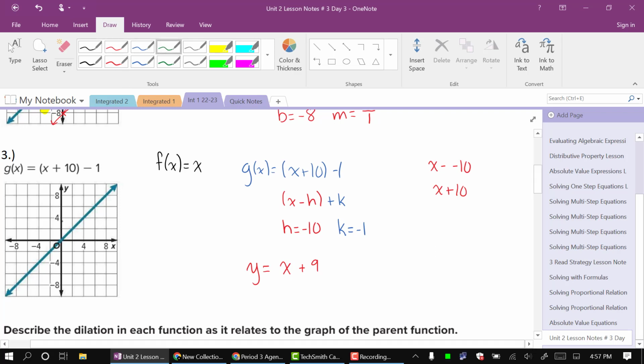So if I graph this over here, come up to 9, down 1 over 1, down 1 over 1, down 1 over 1, down 1 over 1. So this would be my graph.